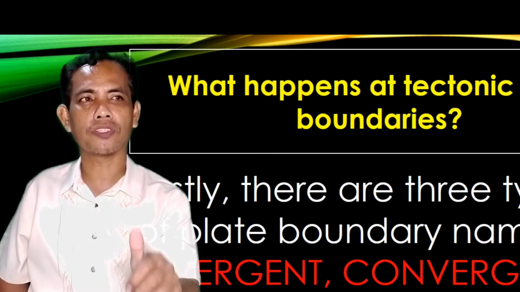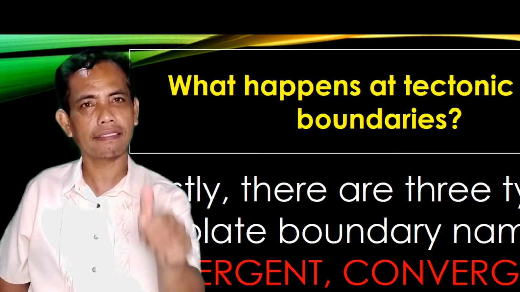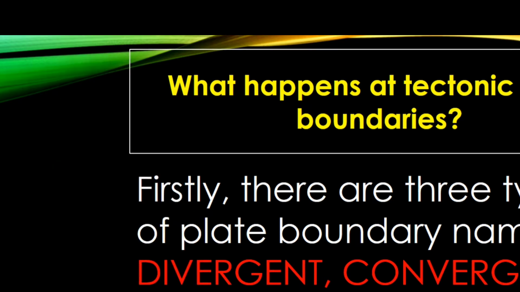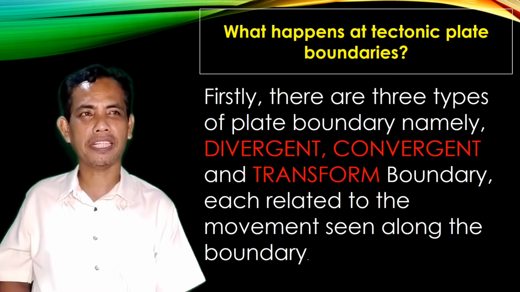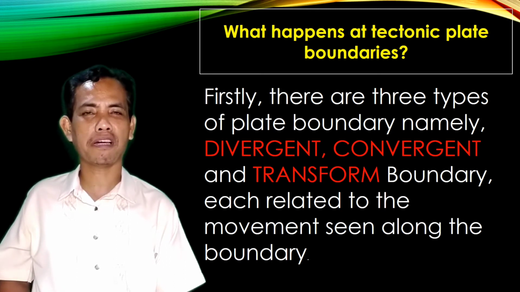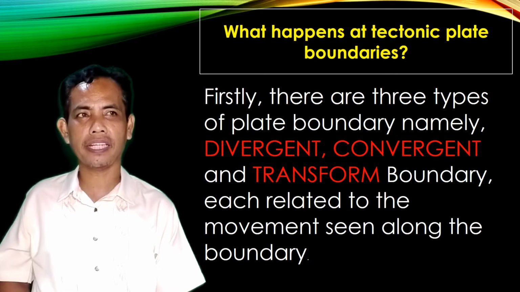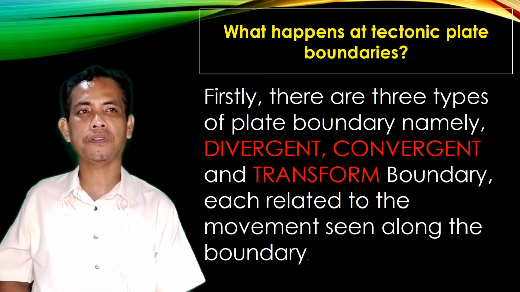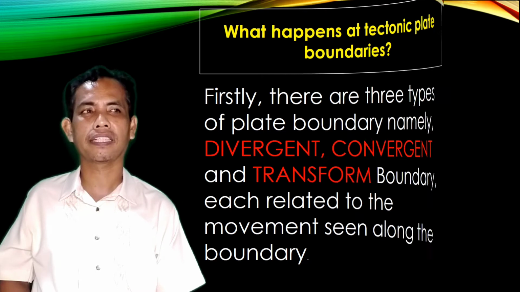So what happens at tectonic plate boundaries? Firstly, there are 3 types of plate boundaries, namely divergent boundary, convergent boundary, and transform boundary, each related to the movement seen along the boundary.